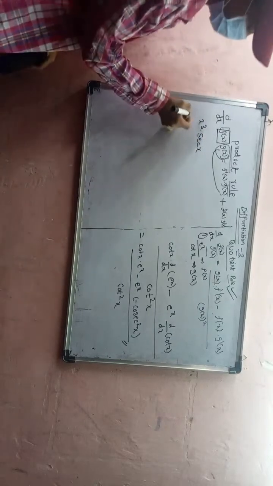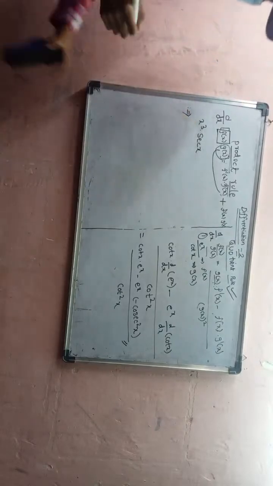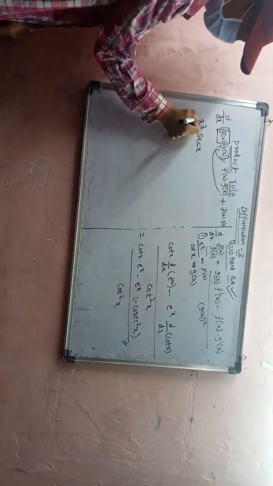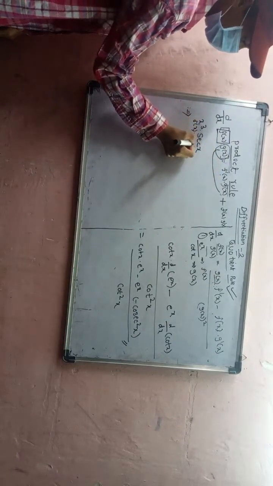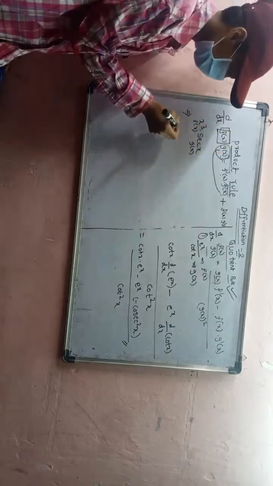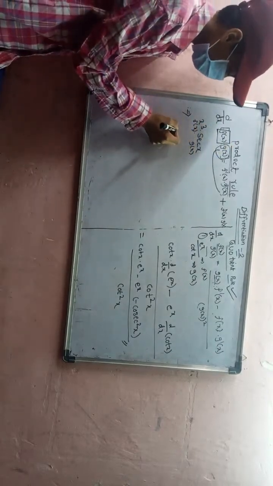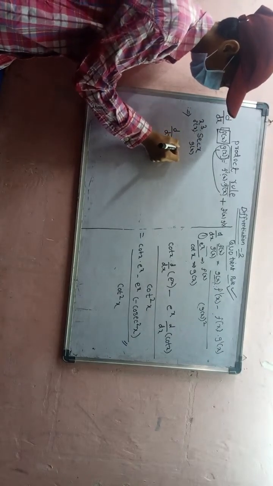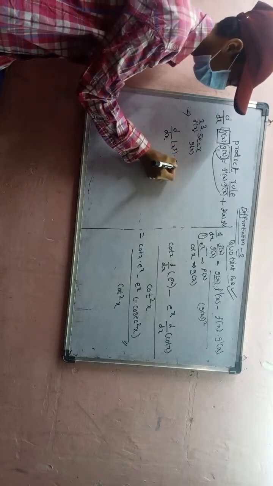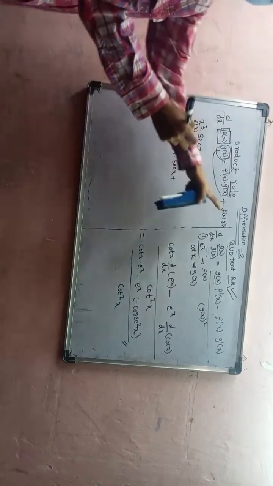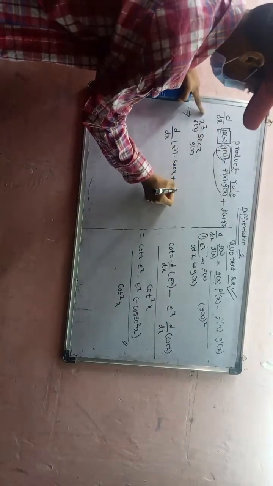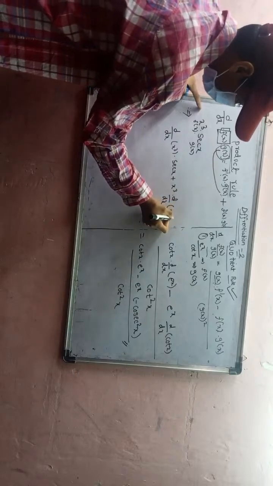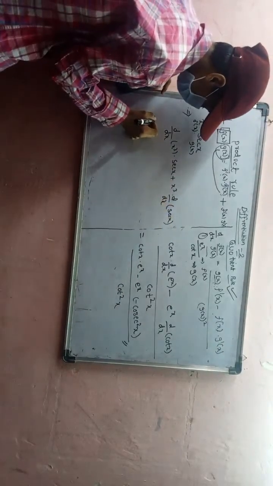Now see here, f of x is x cube and g of x is secant x. So d by dx of x cube into secant x is f dash of x into g of x plus f of x, x cube, into d by dx of secant x.